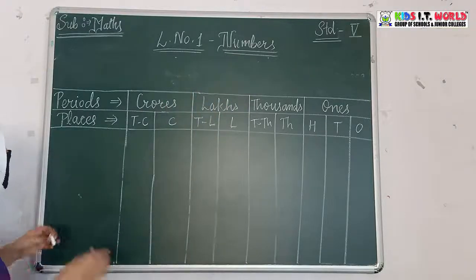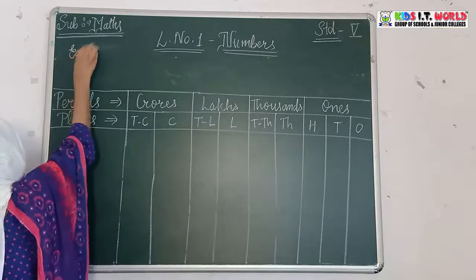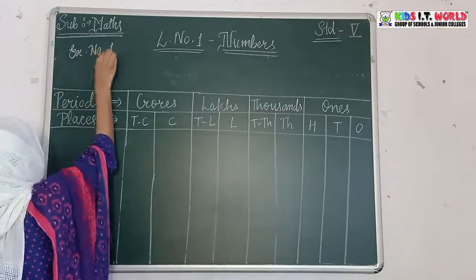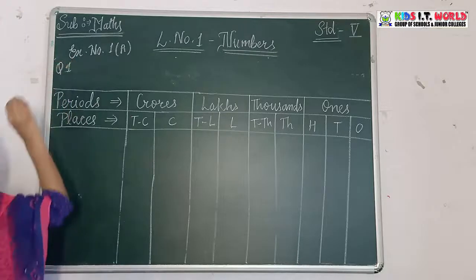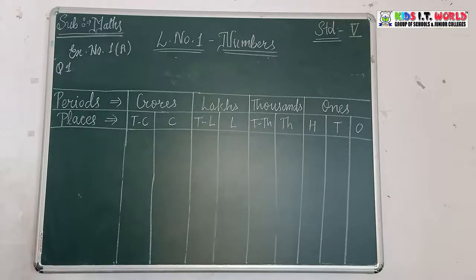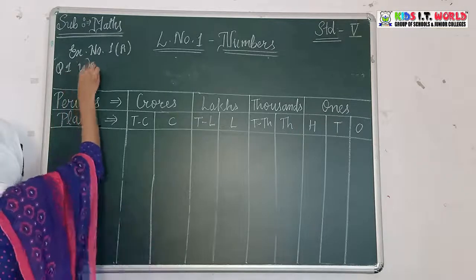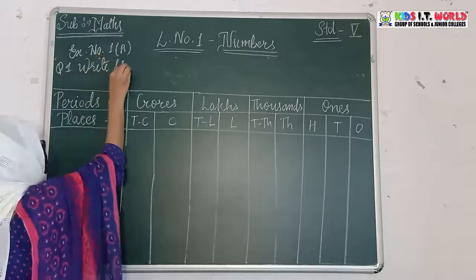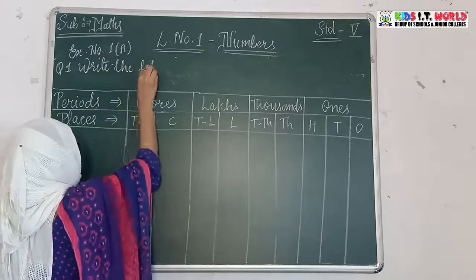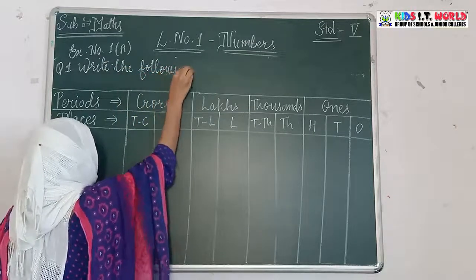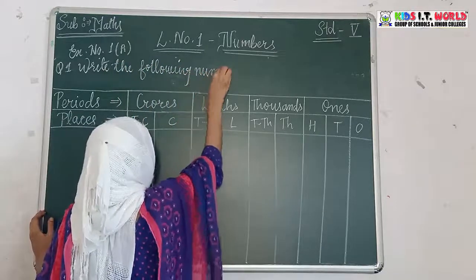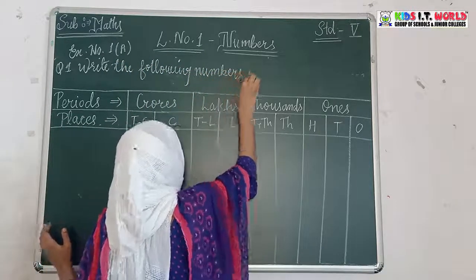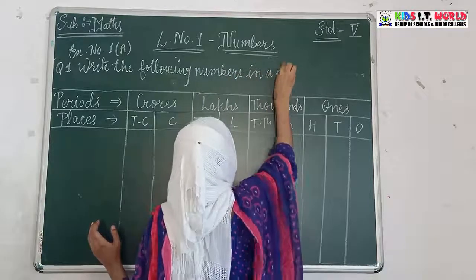The first exercise, question A. Write the following numbers in a place value chart.